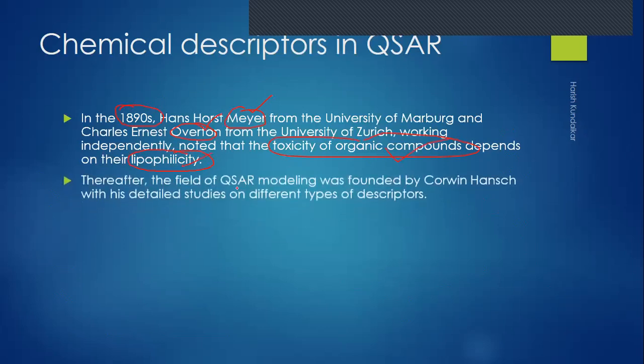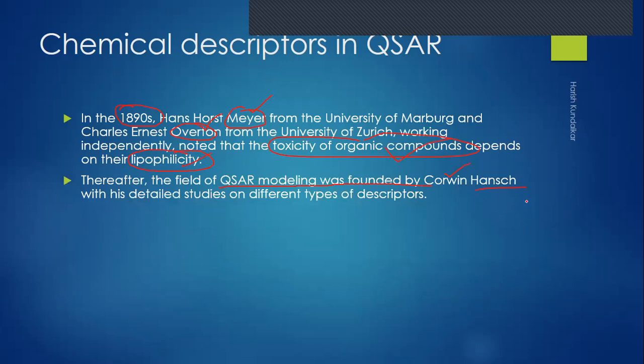Then the field of QSAR modeling was further founded by Hansch et al. The first name of Professor Hansch was Corwin. Corwin Hansch did his studies in a very small lab, a very small facility.